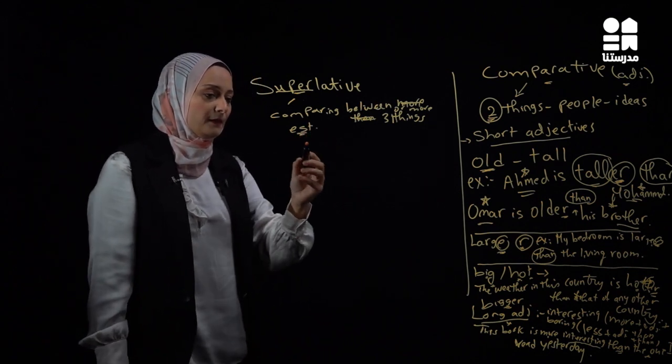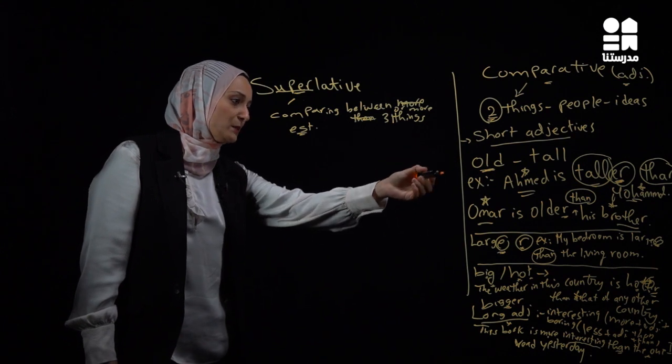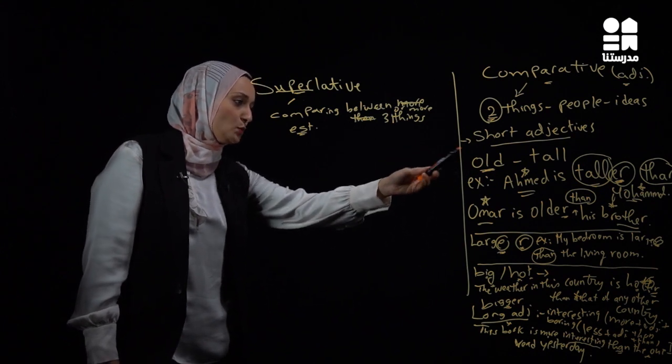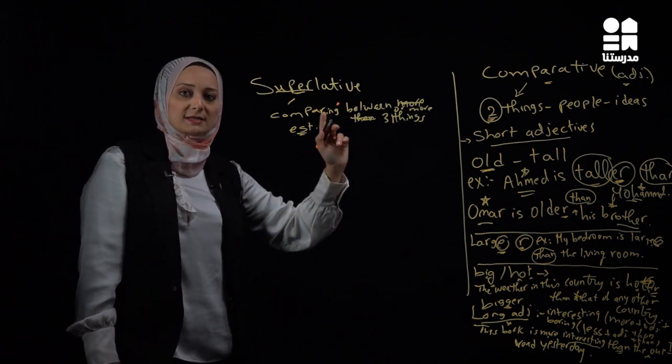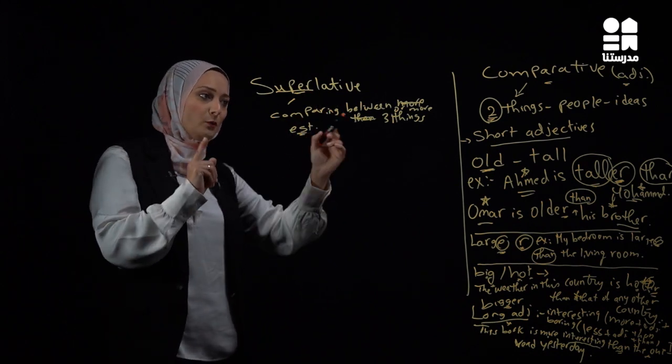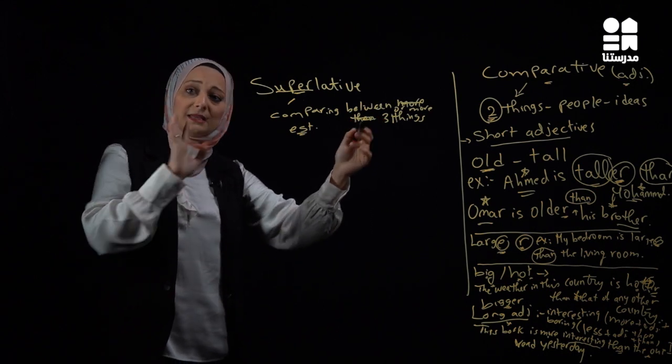Okay? For example, let's have the same examples. Ahmed is taller than Muhammad. Here we have two people. طيب, if I want to compare between Ahmed and all of his friends, كده أنا بقارن بين أحمد وكل أصحابه، يبقى كده أكتر من اتنين.